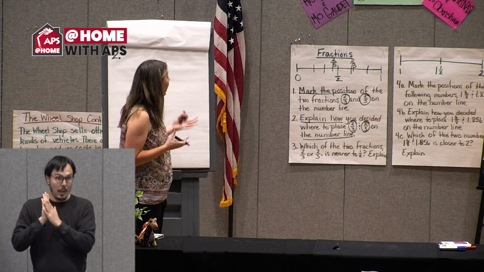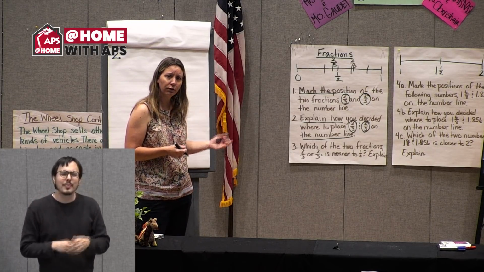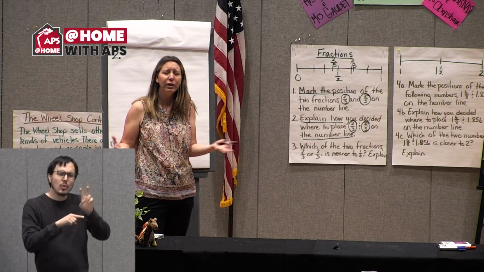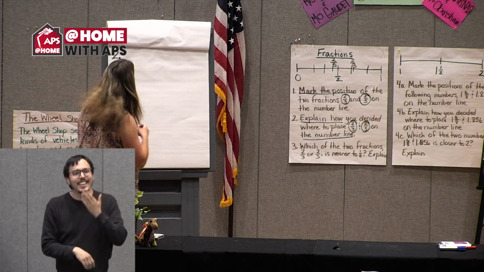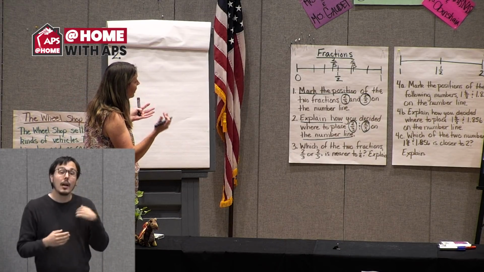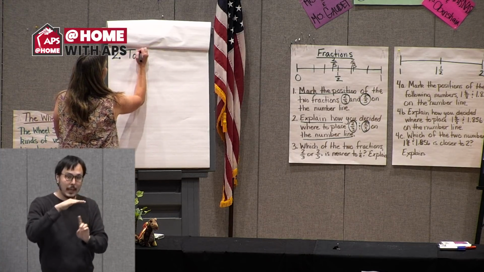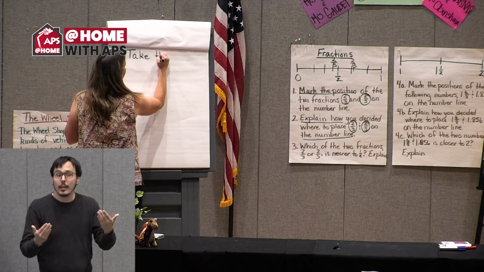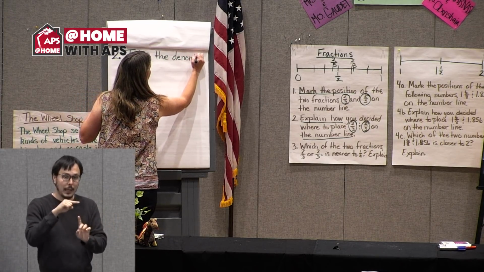So it says explain how you decided. So what did we do to get that 2/3 and that 2 fifths on there? What did we do? Great, thank you for calling that out. I appreciate it. So we pretty much decided that we took the denominator. So take the denominator.